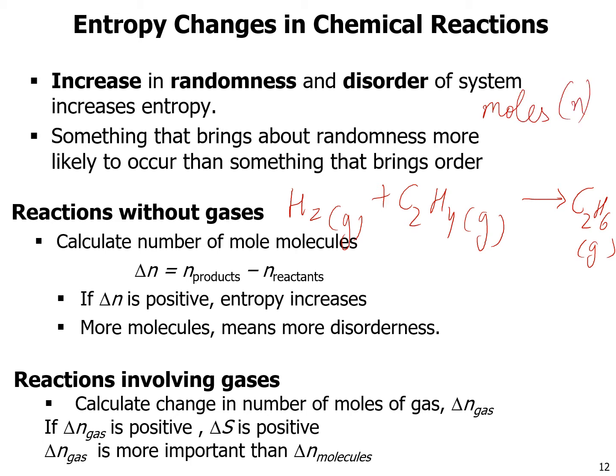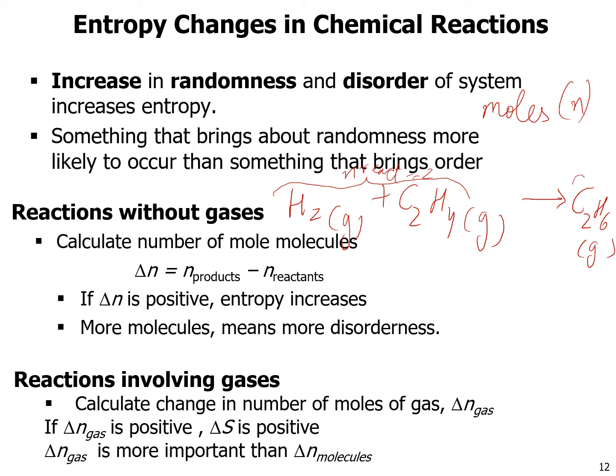So in a reaction like this, we will see, are we increasing the number of moles by doing this reaction, or are we decreasing the number of moles? So for instance, how many moles of reactants do I have? I have 2 moles of gases right here, right? So number of moles of my reactants in this case is 2: 1 mole of hydrogen, 1 mole of C2H4.